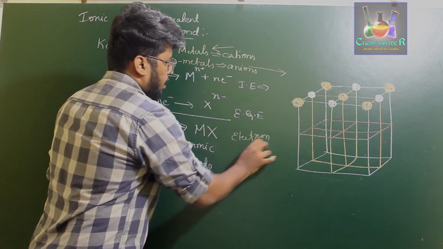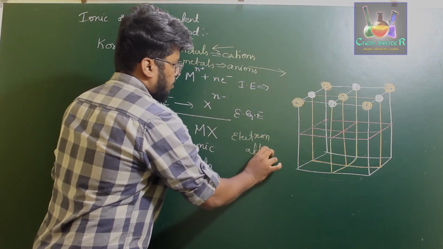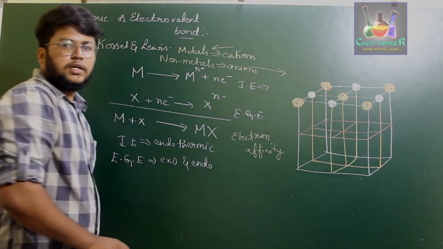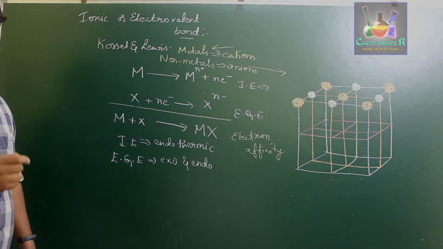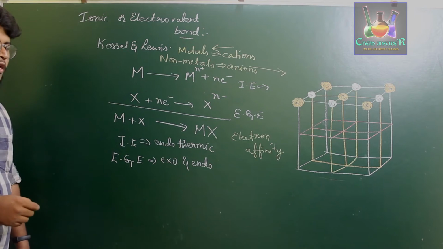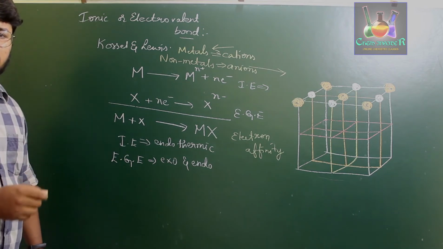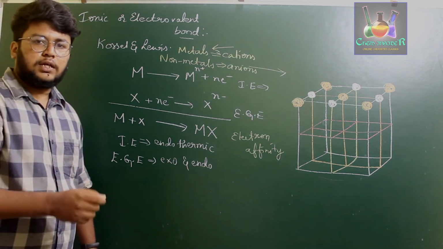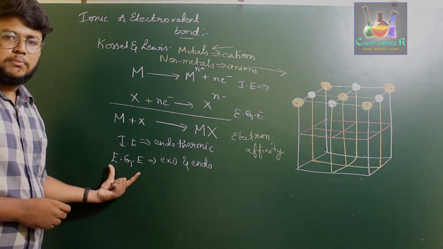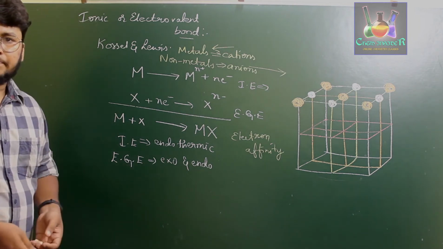So what is electron affinity? Electron affinity is the negative energy change which is accompanying the endothermic electron gain enthalpy.